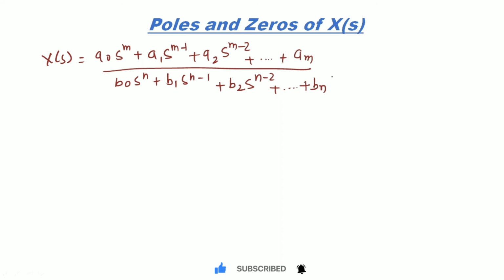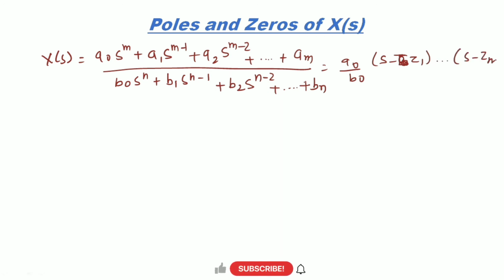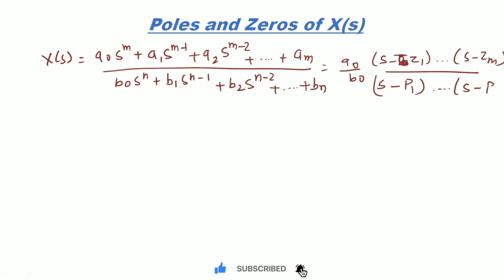This numerator and denominator can be easily converted into a simple form, that is a naught by b naught times (s minus z1) up to (s minus zm), divided by (s minus p1)(s minus p2) up to (s minus pn).